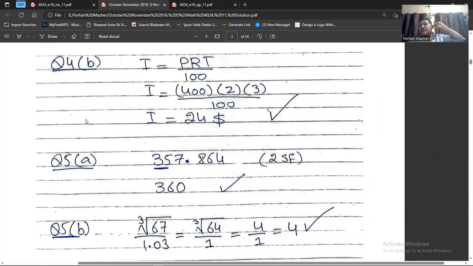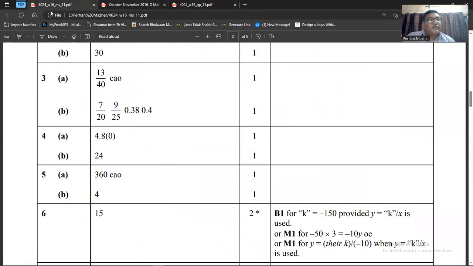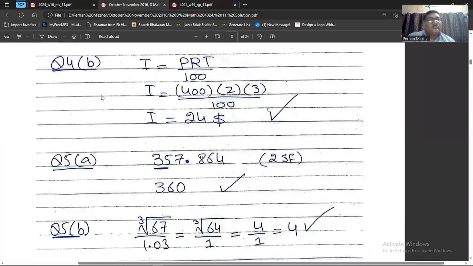So I will be equal to 400 multiplied by 2 multiplied by 3 divided by 100, and the 2 zeros will be cancelled. So 4 into 2 is 8, 8 into 3 is 24. So the interest will be $24. Question number 4, B part, $24 is the right answer. This is the solution of question number 4, B part.